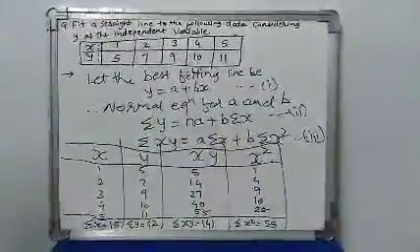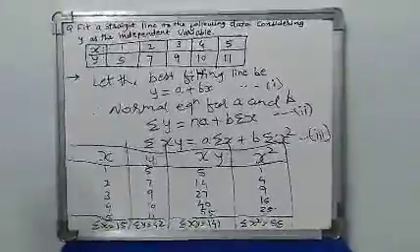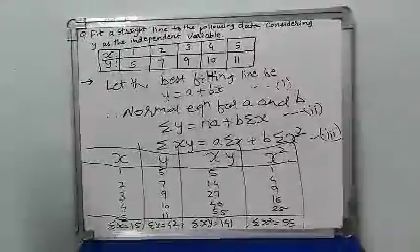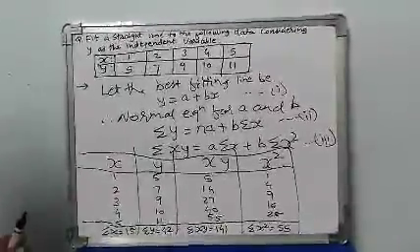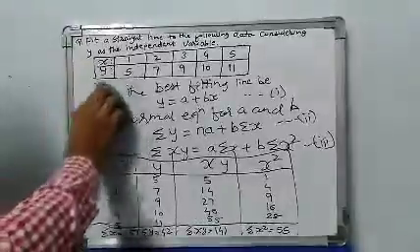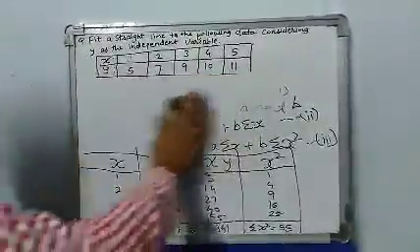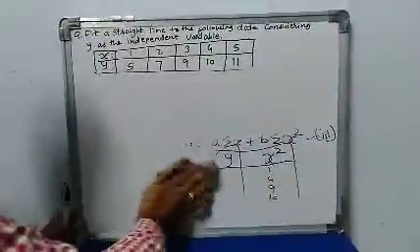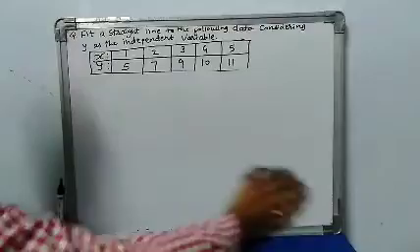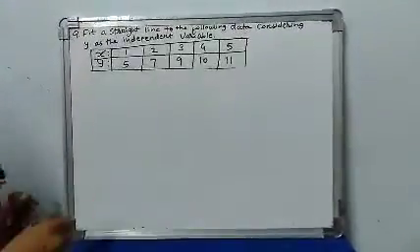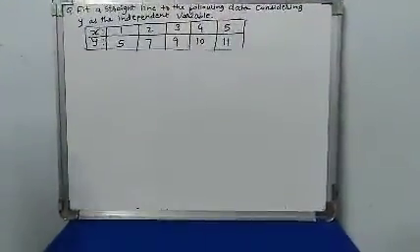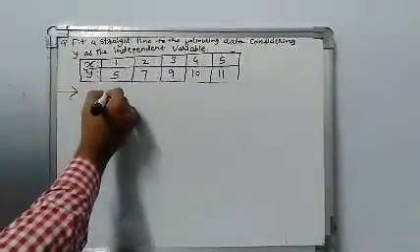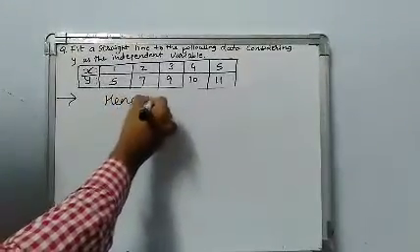Now we have to calculate further values. We have to find the best fitting line for y. I'll erase all this, and we'll start. Hence n equals 5.